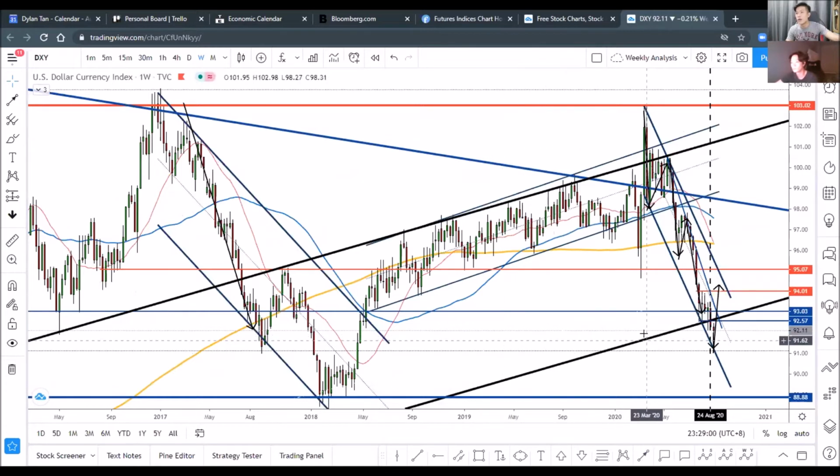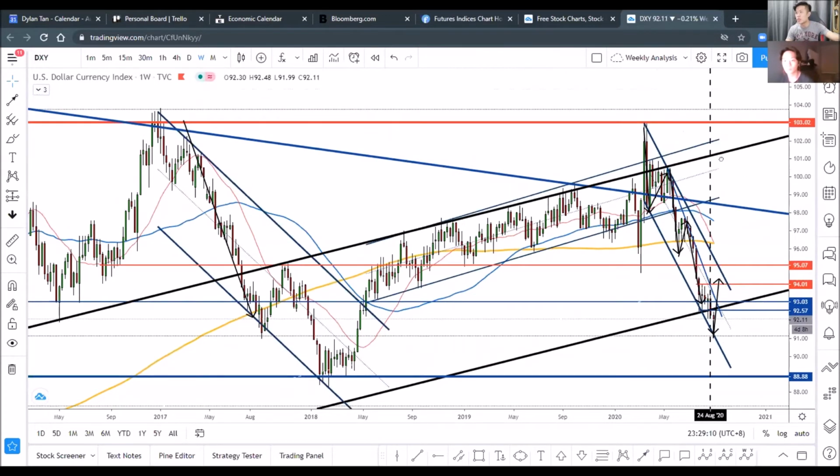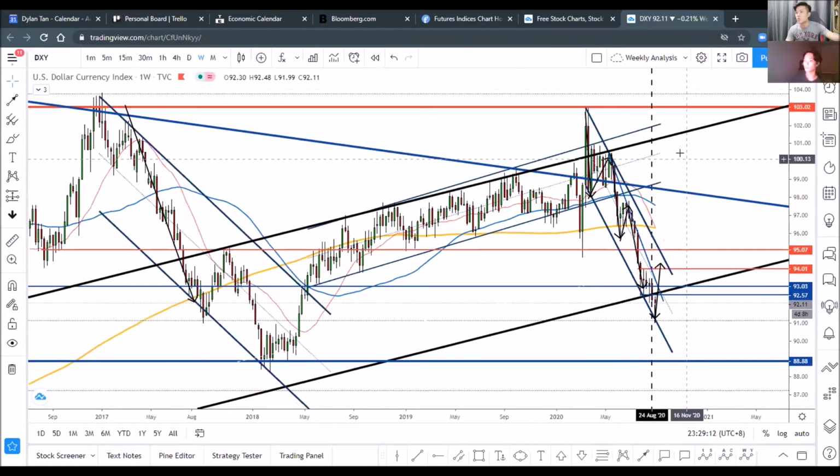Then we try to buy the dollar for the short term, I mean, as in buying the pullback. But otherwise, fundamentally, I still believe the dollar will continue to go even lower, since it's obvious that the Federal Reserve is going to keep interest rates near zero. So that's the case for now.